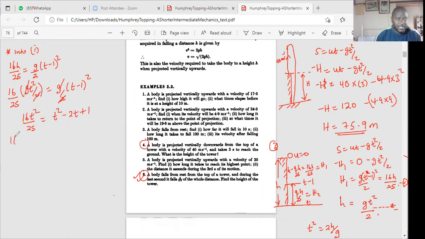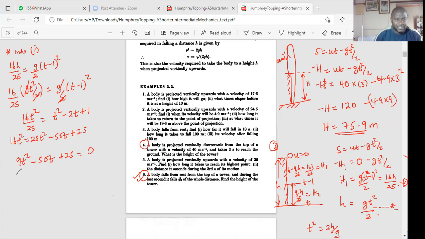On simplifying, you get 16t squared is equal to 25t squared minus 50t plus 25. Algebra calls for 9t squared minus 50t plus 25 is 0.